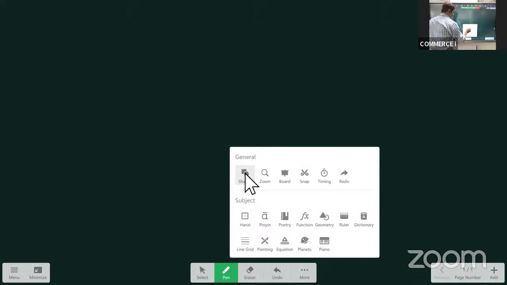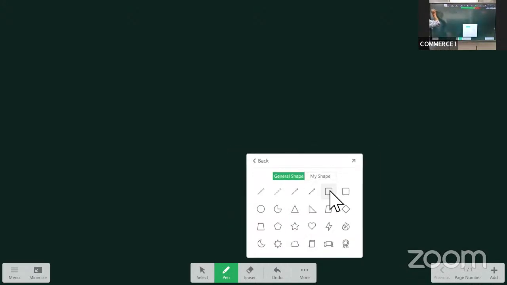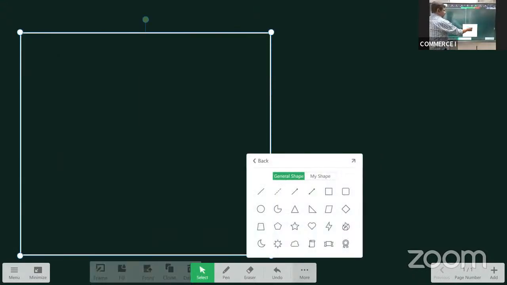Before we start, we'll draw the format for trading account, P&L account, and then the balance sheet. This is the format for the trading account. Then we have our P&L account here.